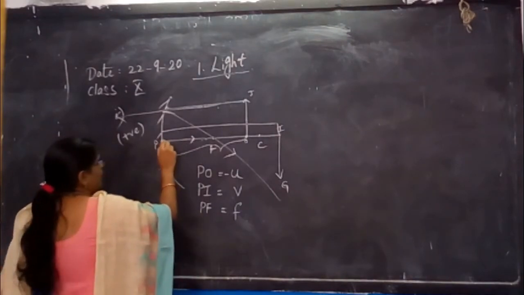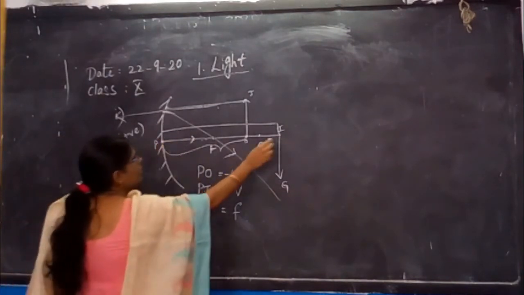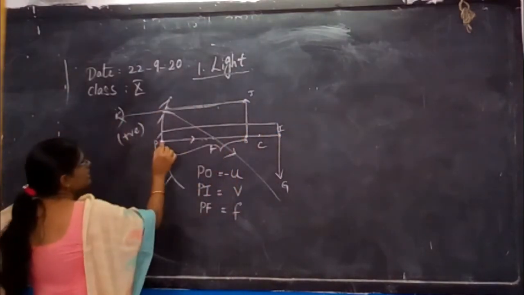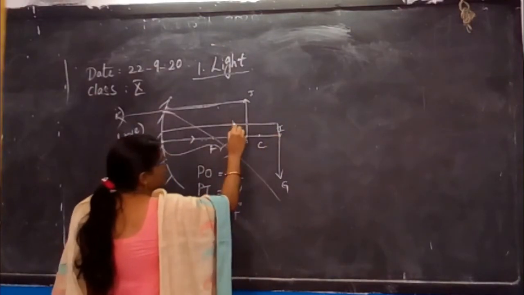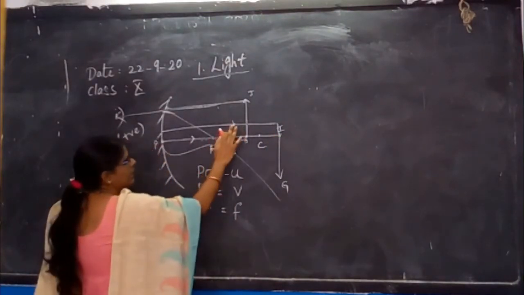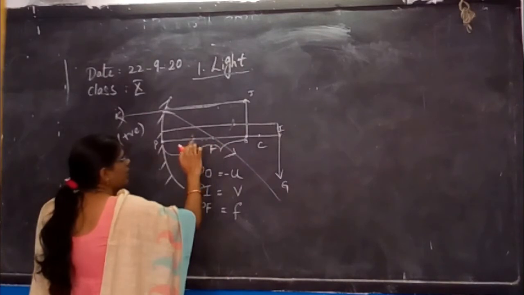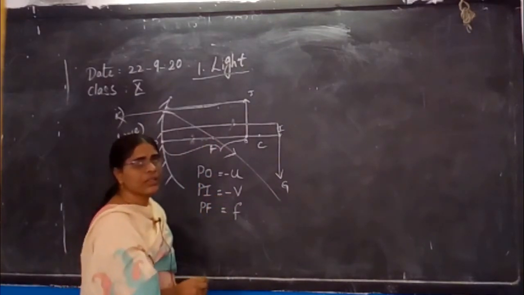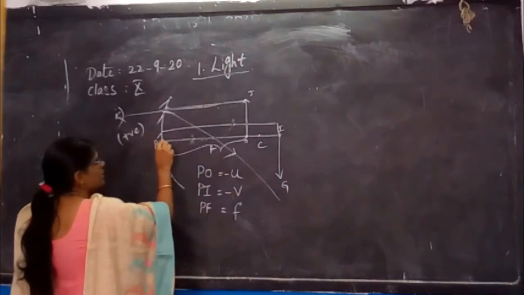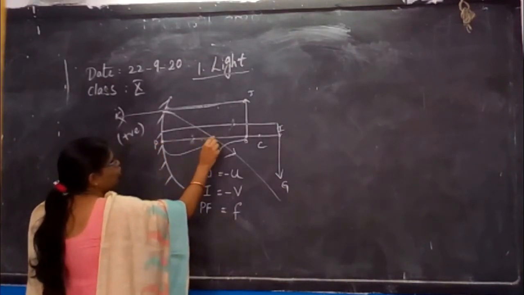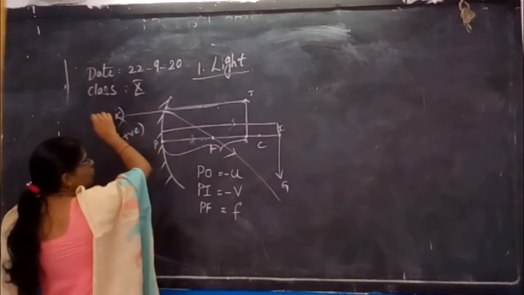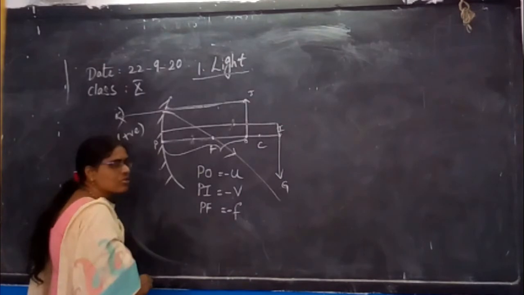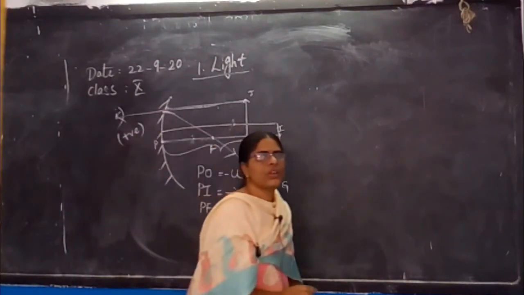Now when you see the distance between pole to the image, light rays are moving in this direction and we are measuring in the opposite direction. Hence, can I mark my image distance also as minus V? Yes. Now distance between pole to focus, light rays are moving like this but we are measuring in this direction. Hence, F should also be negative.